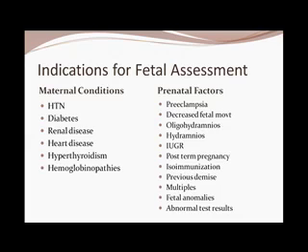If she has renal disease or heart disease, particularly if she has cyanosis associated with the heart disease. If she has poorly controlled hyperthyroidism or hemoglobinopathies. As far as prenatal factors are concerned, if she's preeclamptic or states that she has decreased fetal movement, we would want to look into this more.